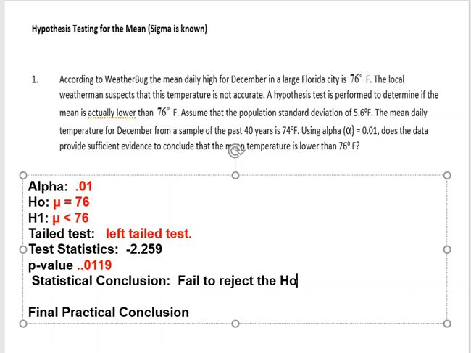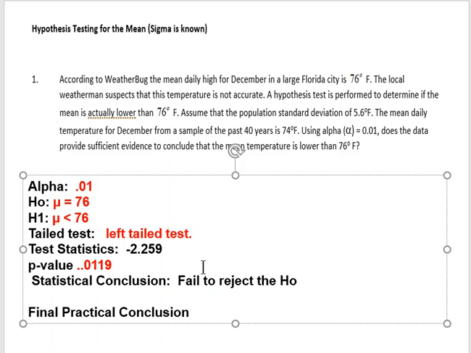So what does that mean? Since I didn't reject the null, it is holding true, therefore I haven't proven that it's less than. And so I'm going to state that there was not sufficient evidence to reject the null hypothesis in favor of the alternative that the temperature was actually less than 76.